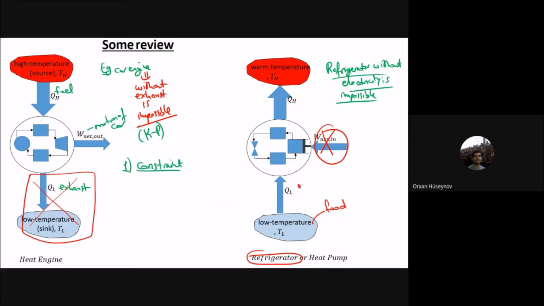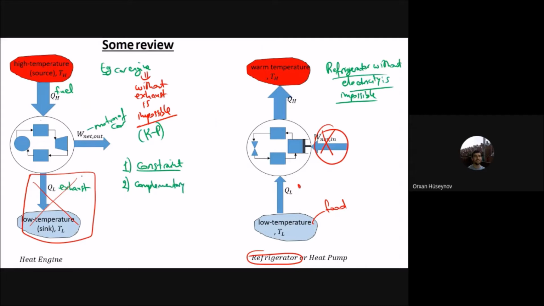This constraint is an implicit definition of entropy. It puts the constraint that you should always have the exhaust system and you should always have net work input.